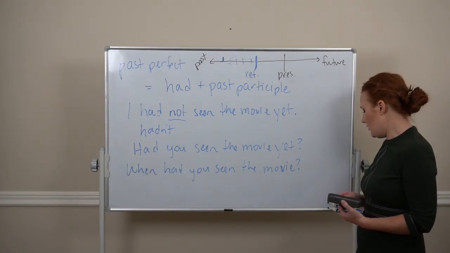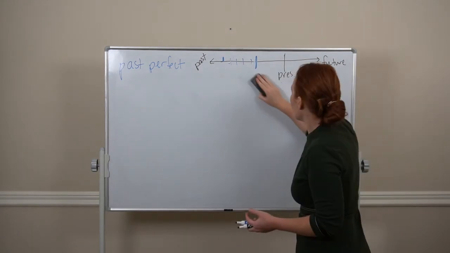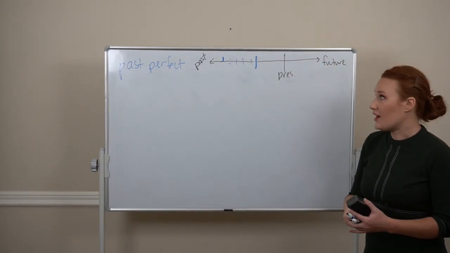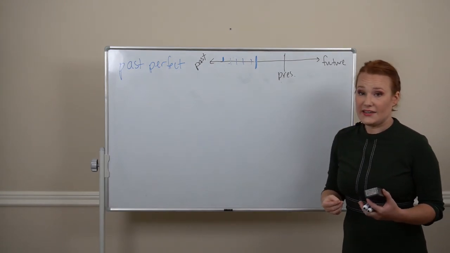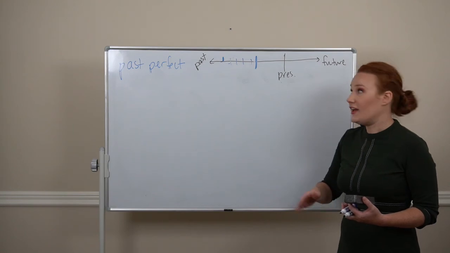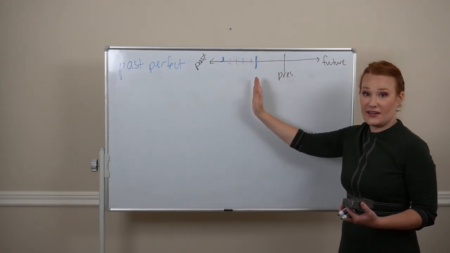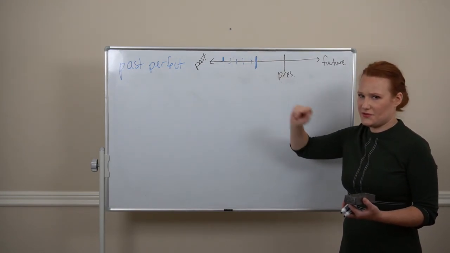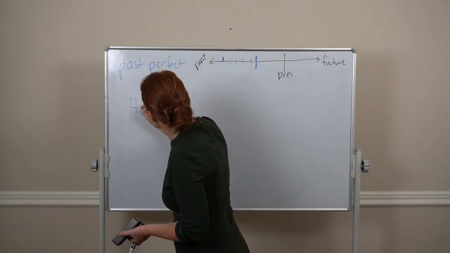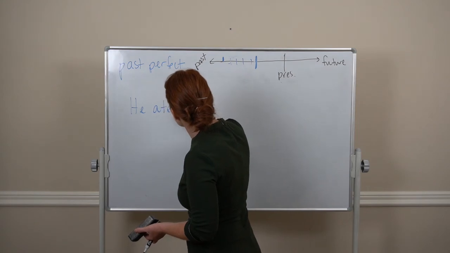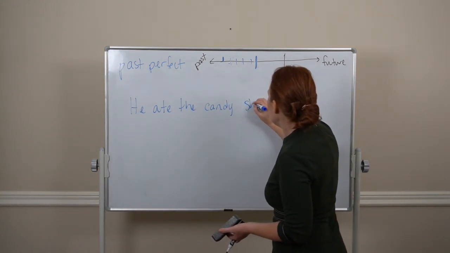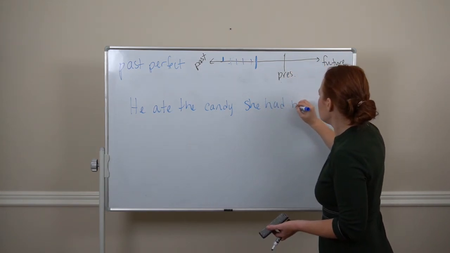All right, so one last thing I'd like to mention. In our sentence with past perfect, that reference point, I can give a specific time, but if I want to say an event that was happening then, I'll use past simple for that. You probably noticed already. He ate the candy.